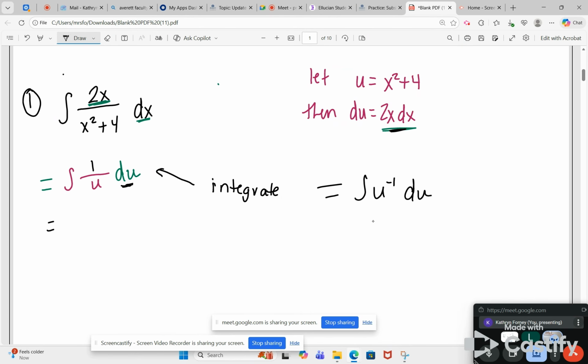So we said that this is natural log. The antiderivative of 1 over u is natural log. That's just a property you have to remember. But hopefully, when you go to take the antiderivative and you see you're going to divide by 0, you will remember, I can't divide by 0, so it's going to have to be something else.